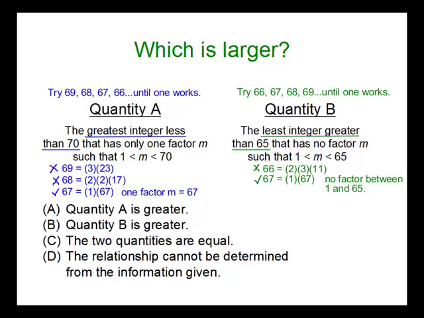And chances are you're recognizing what's special about 67. 67 is prime. Primes only factor to 1 and themselves. And that's why primes are sort of restricted in how many factors. It happens that we see restrictive language about factors in both quantities, and 67 fit the bill both places. Both quantities are the same.